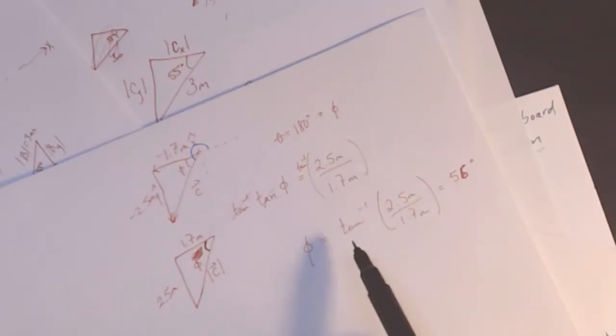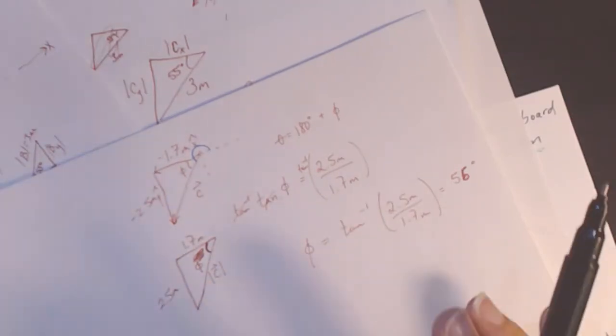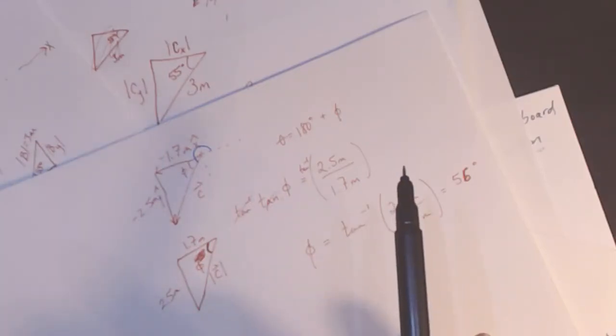So as you're going through, you're just really working with your vectors as triangles. When you talk about a vector, you immediately think right triangle. The sides are the components of the vector. The hypotenuse is the vector itself. The length of the vector is the hypotenuse. And then the angles are what's giving you that polar angle.